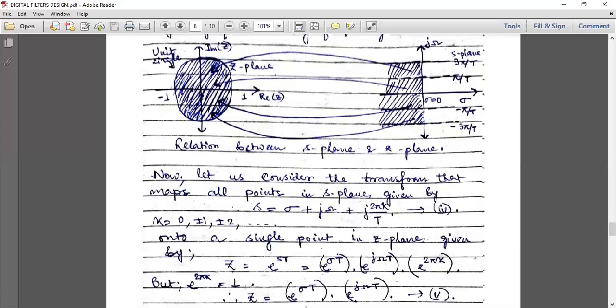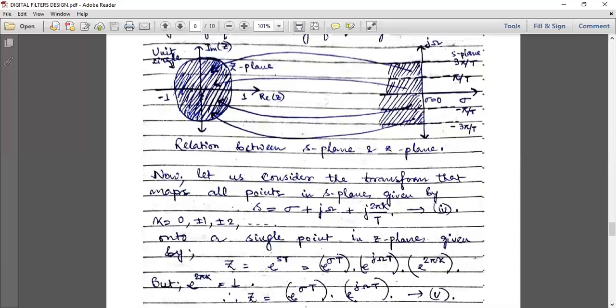Lastly, if sigma greater than 0, it will be representing a point on the right half of the S plane, and that is mapped onto a point outside the unit circle, mod Z greater than 1. Thus, the left half plane in S plane is mapped inside the unit circle, and the right half is mapped outside the unit circle.